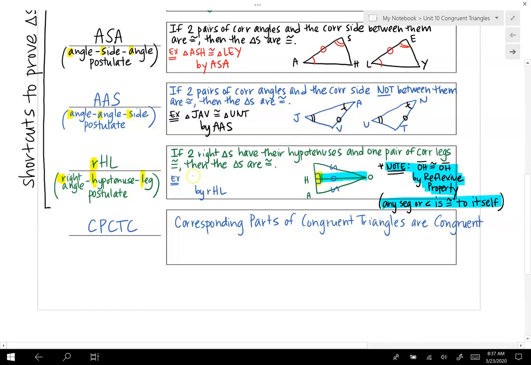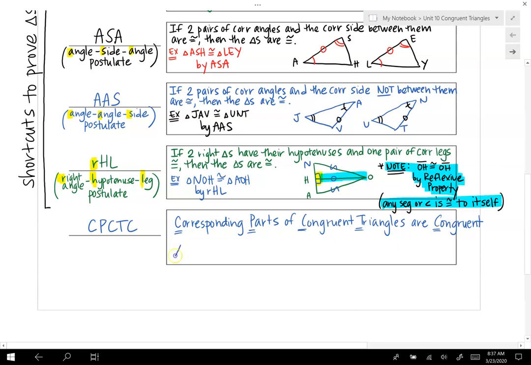Oh, and I noticed some of my letters from before disappeared up here, so let's just add them. NOH triangle. AOH. Okay. That looks better. So there's your C, P, C, T, C.